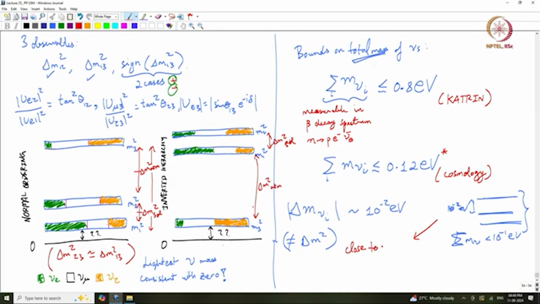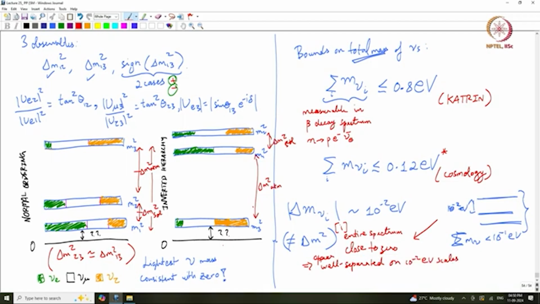So, let me write the possibilities. Either the entire spectrum is close to 0, which would mean they appear well separated on 10 power minus 2 electron volt scales.